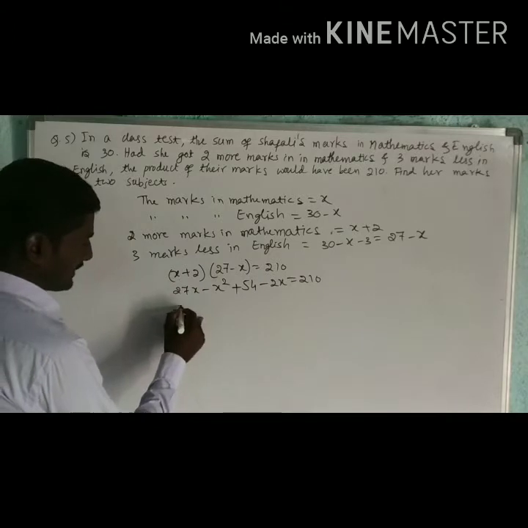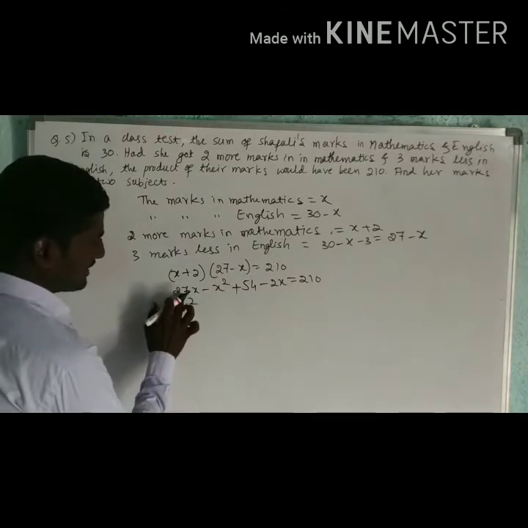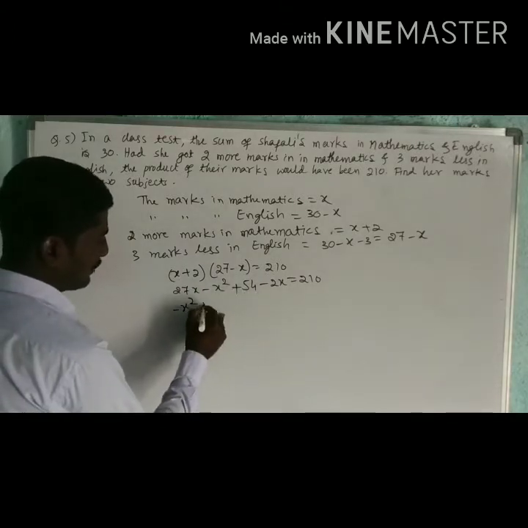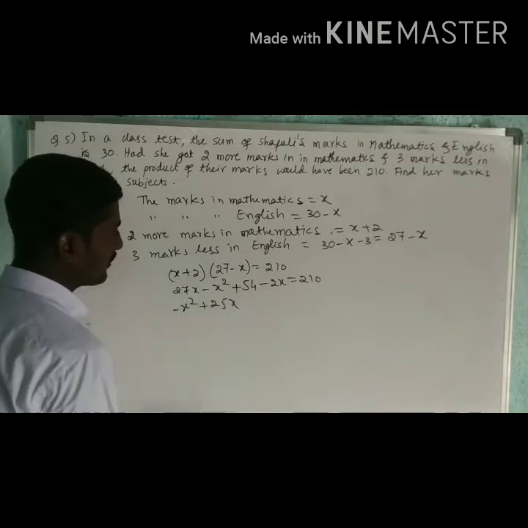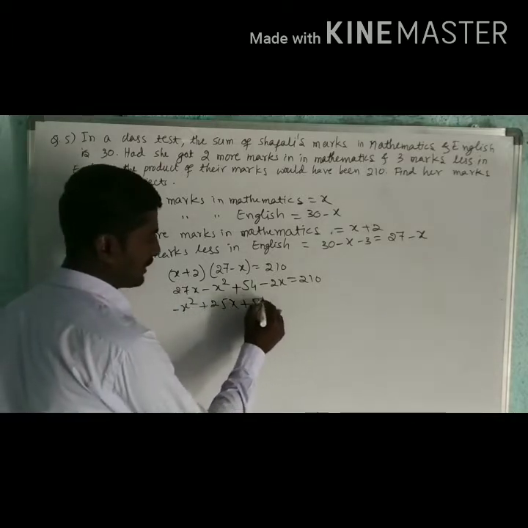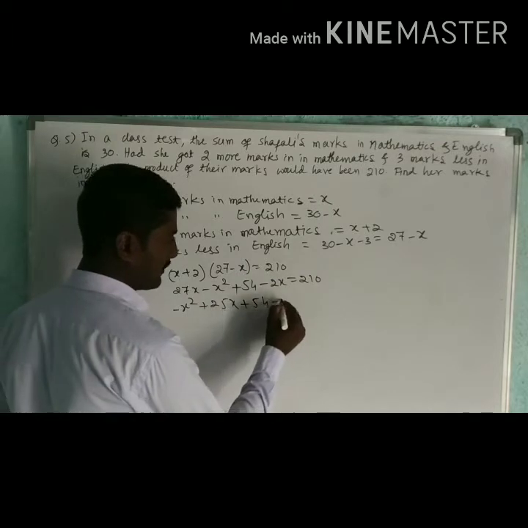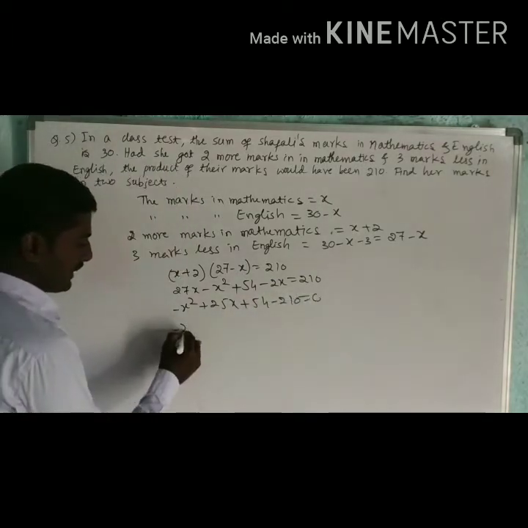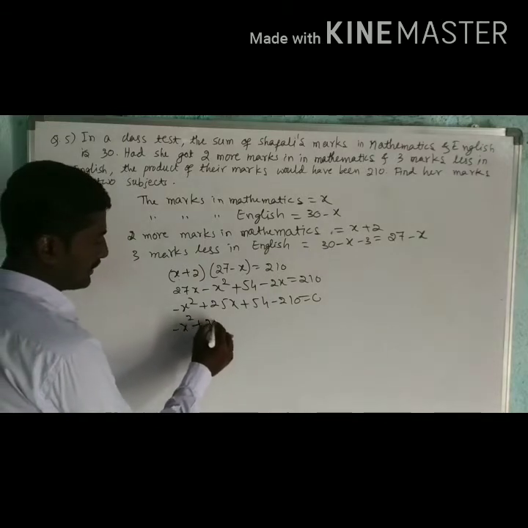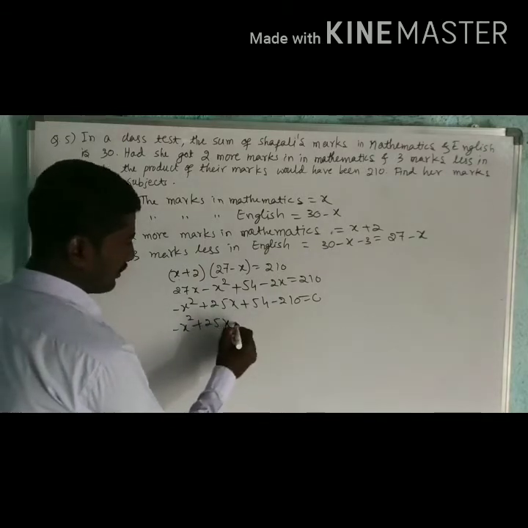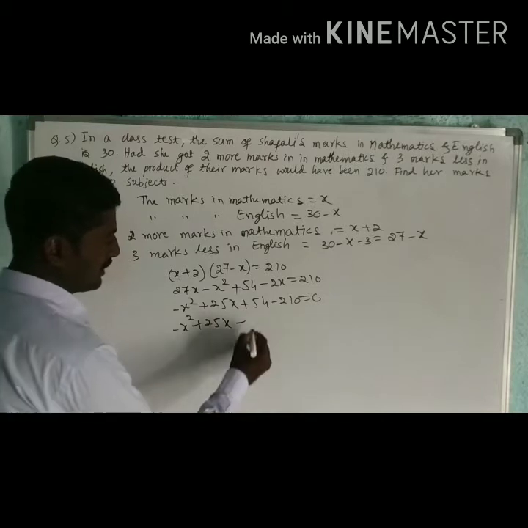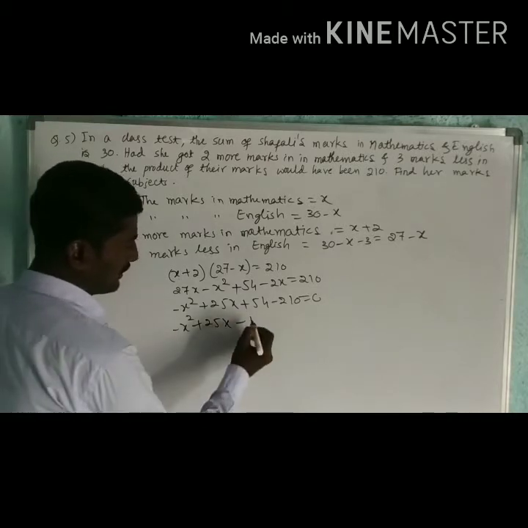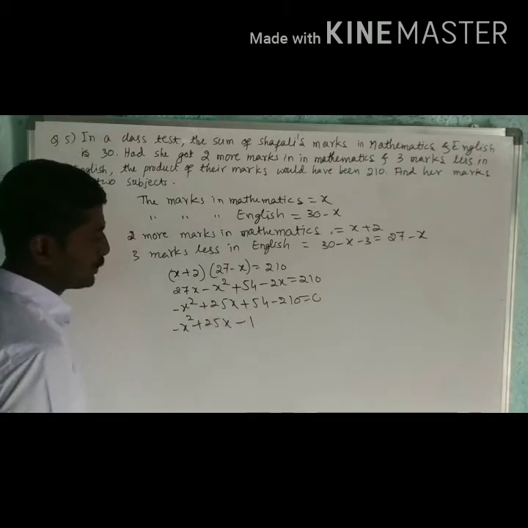Now I will write minus x square, 27 minus 2, that is 25x, plus 54. I will take this to the left side. Minus 210 is equal to 0. Now minus x square plus 25x, 54 minus 210.